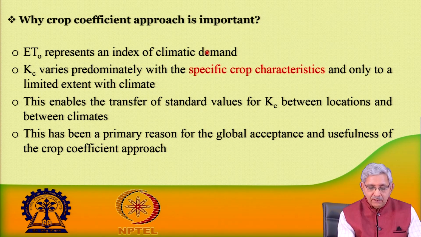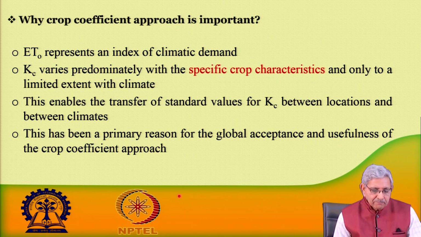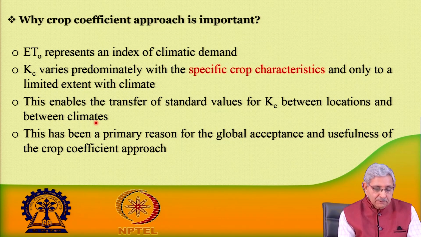This enables the transfer of standard values of the crop coefficient between locations and climates. The place where the crop is grown and the climatic situation there can change the value of the crop coefficient.